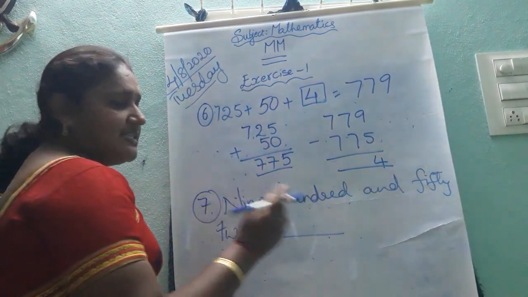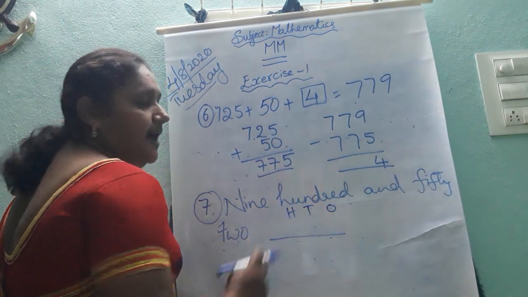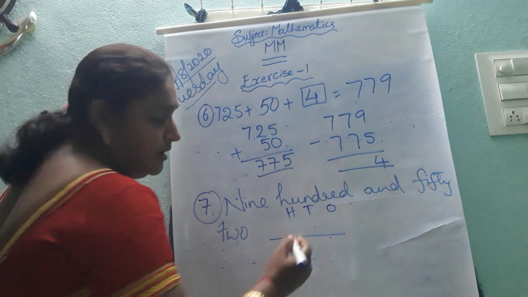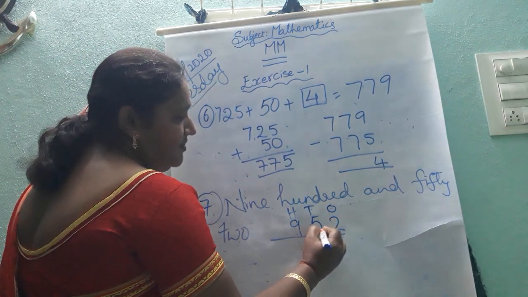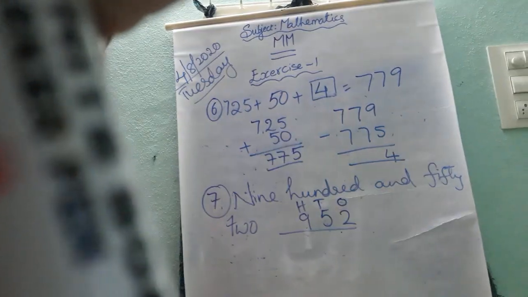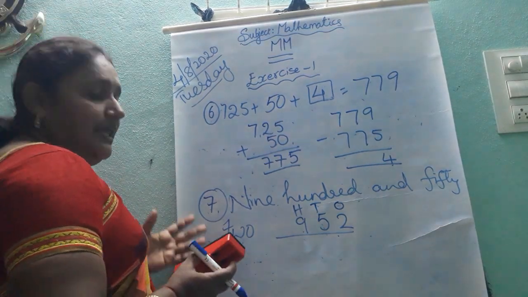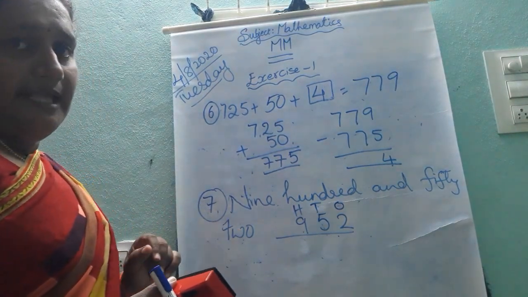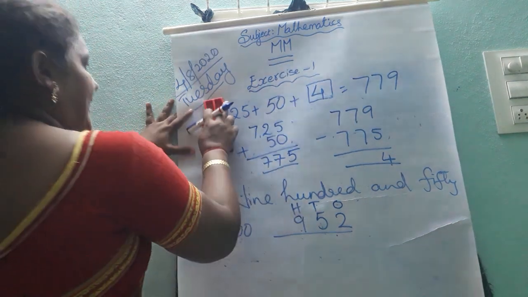Up to hundreds was given. Ones, tens, hundreds. 952. Like that you have to write. Okay? If they give a number name, you can write the number like this by placing the place values. Okay? Next sum.